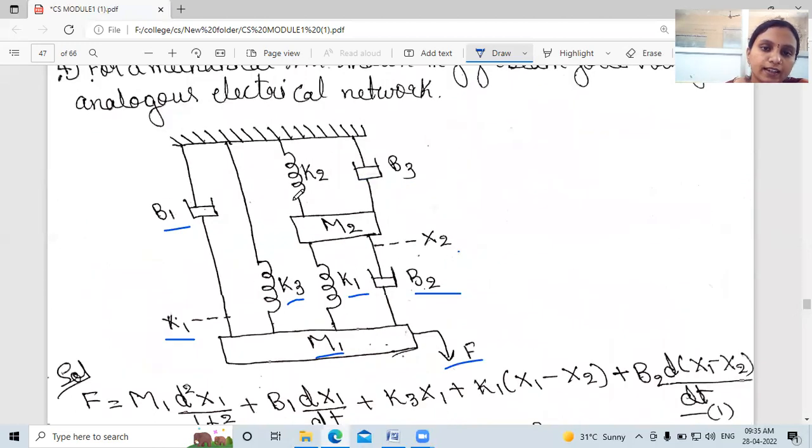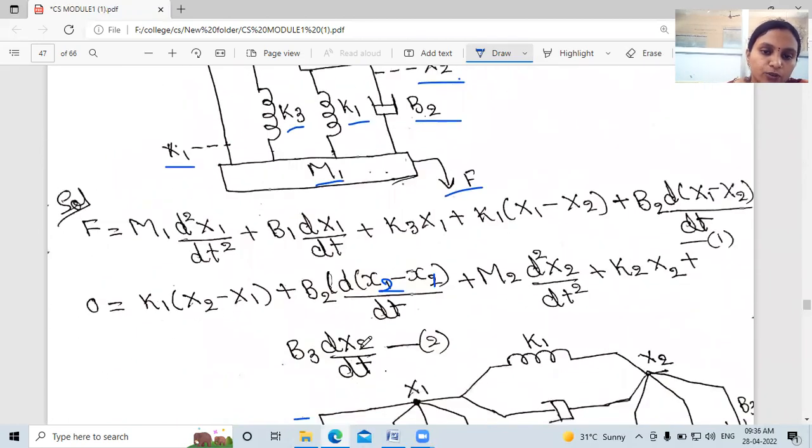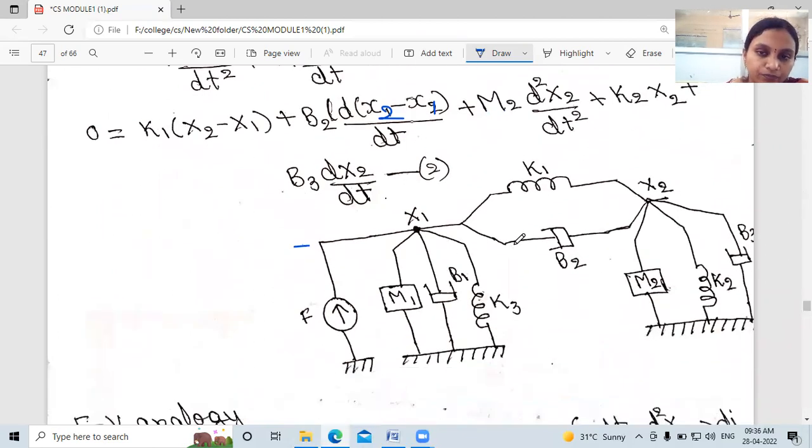B3 and K2 are connected separately to X2 only. That's why they have written K2 into X2 and B3 into dx2 by dt. This is the mechanical system equation we have written.